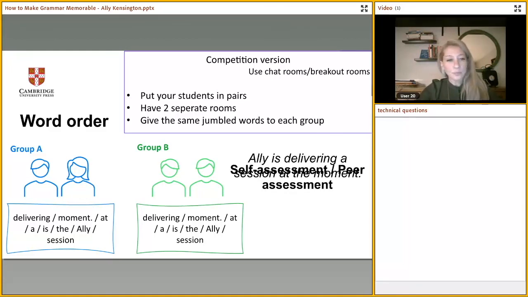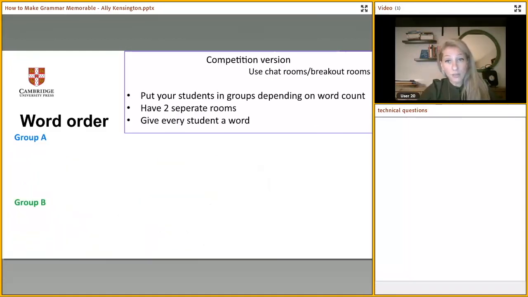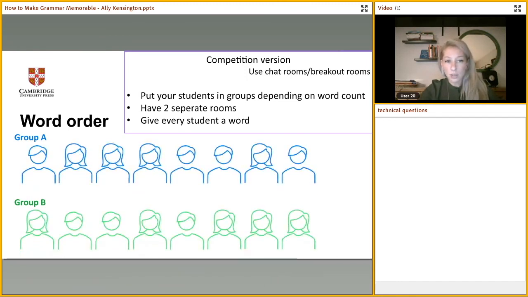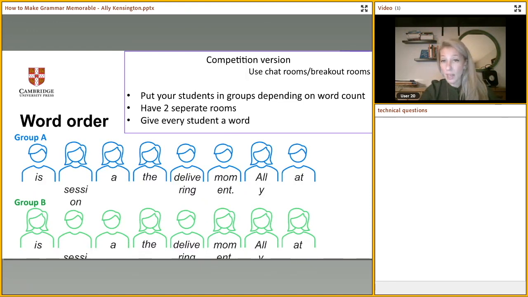Sorry about that. Okay, a different version of this activity. Put your students in groups depending on word count. Have 2 separate rooms, give every student a word. And it's going to look something like that. You're going to have your PDFs. Don't worry about it. It's clear and much better. Just because we're using Adobe, we had this kind of a, let's say, glitch.